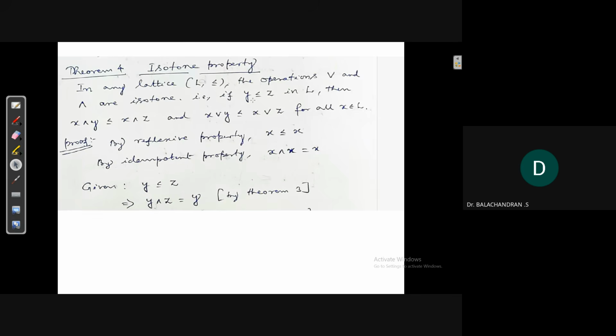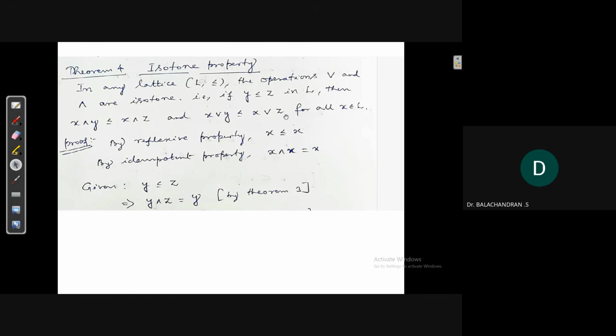If y less than or equal to z in L, then x and y is less than or equal to x and z, and similarly x or y is less than or equal to x or z, for all x belonging to L.